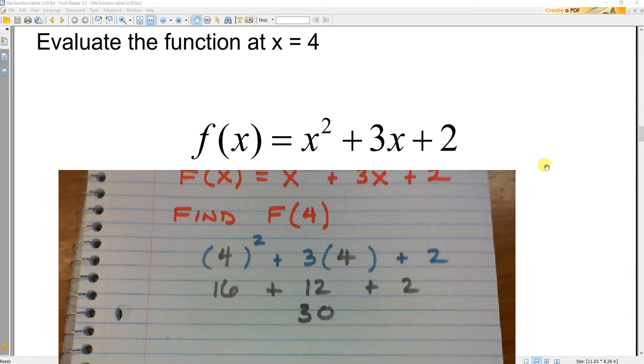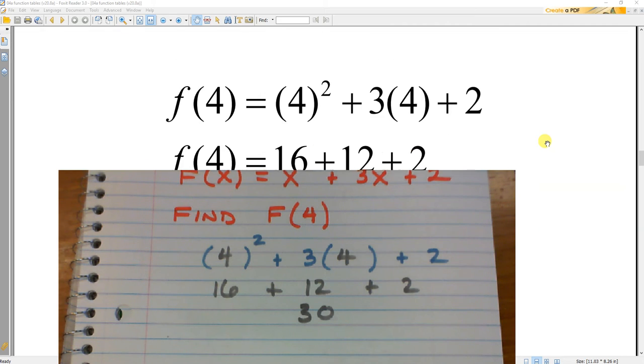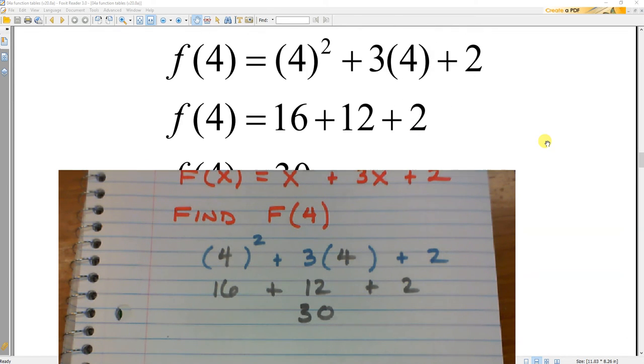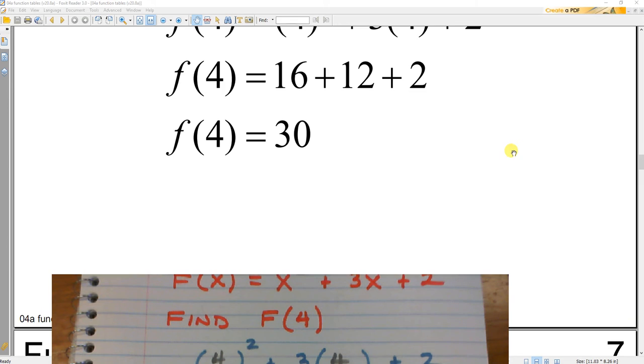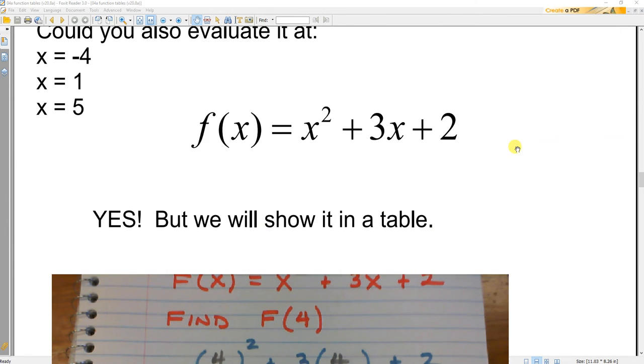Nothing new there. Now, the idea of a function table is just doing this over and over and over again. So there it is, there's the 30. That's what we just did in our notes. Now, as a function table, we can do it 3 more times.